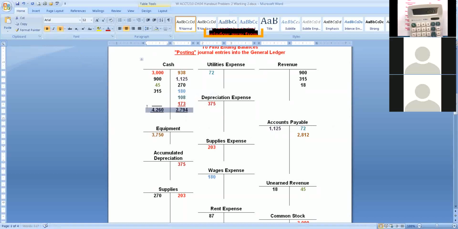Okay, so our debits are 4260, our credits are 27.94, so we subtract them, and whatever's left over goes on the biggest side. So this will go on the debit side.